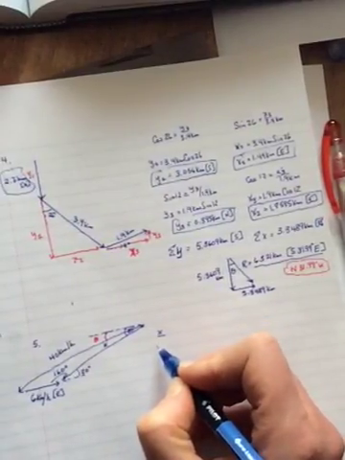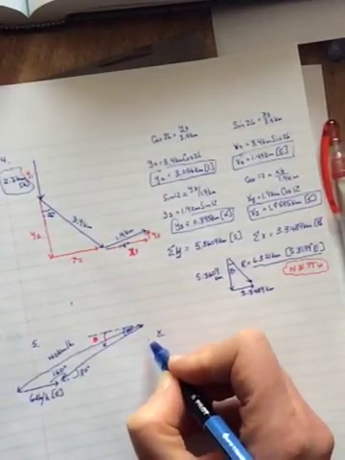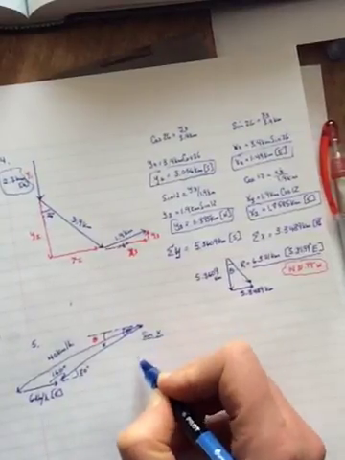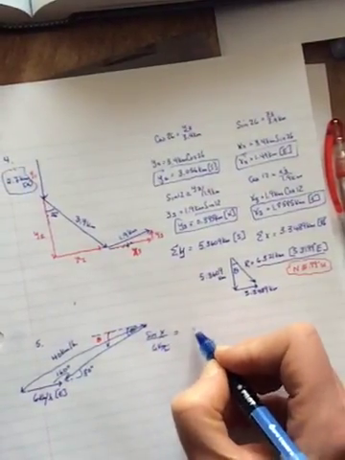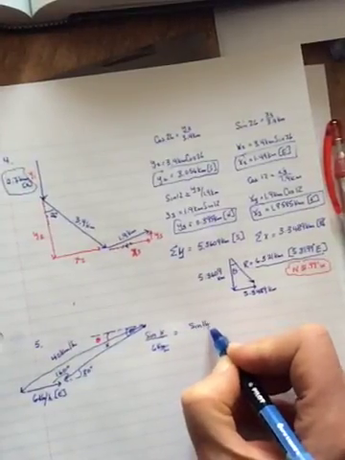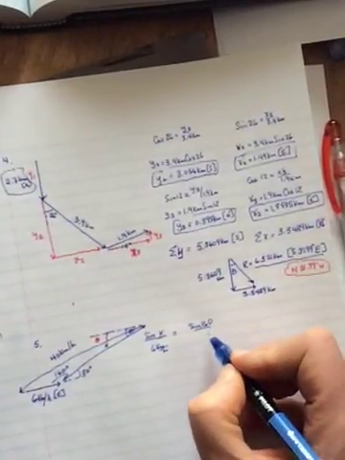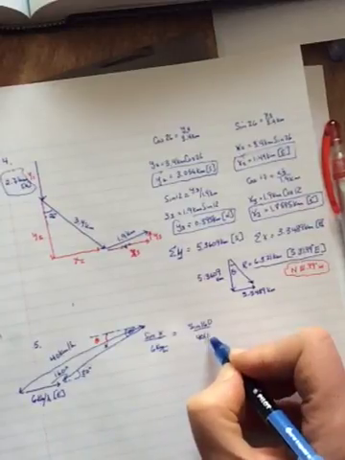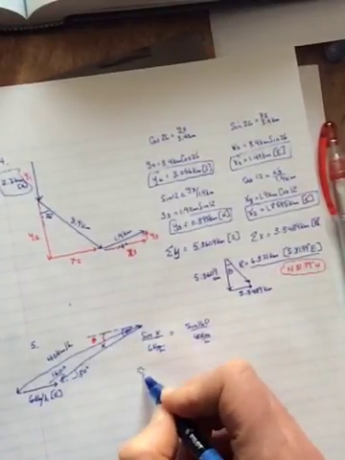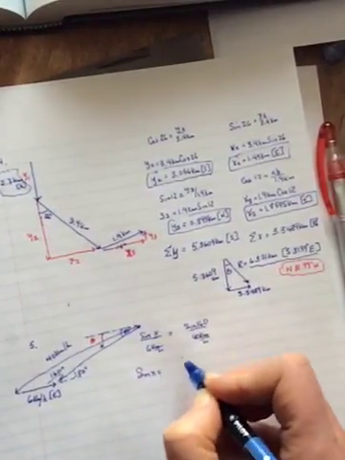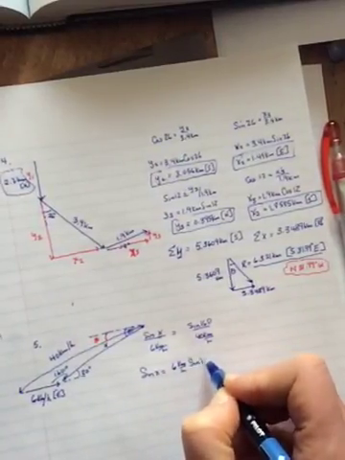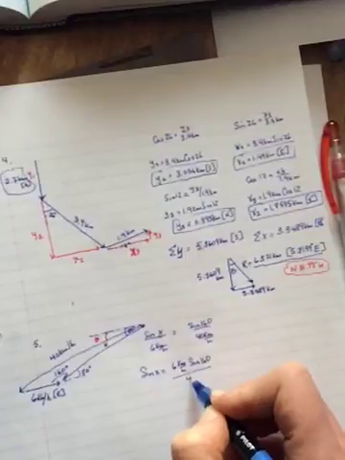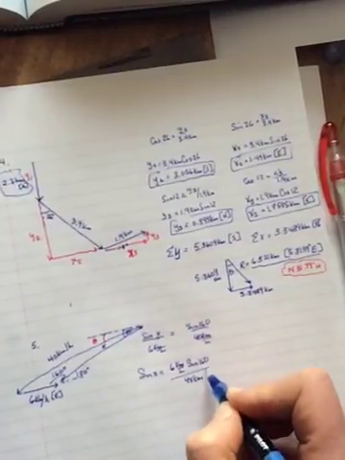So sine A over 6 kilometers per hour will equal sine of 160 over 40 kilometers per hour. So sine of x will just be 6 kilometers per hour times the sine of 160 over 40 kilometers per hour.